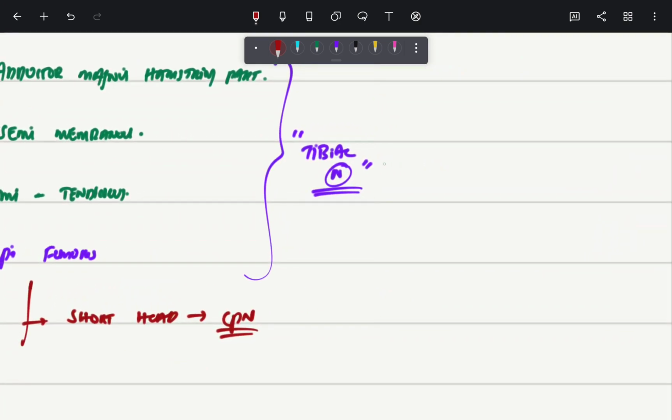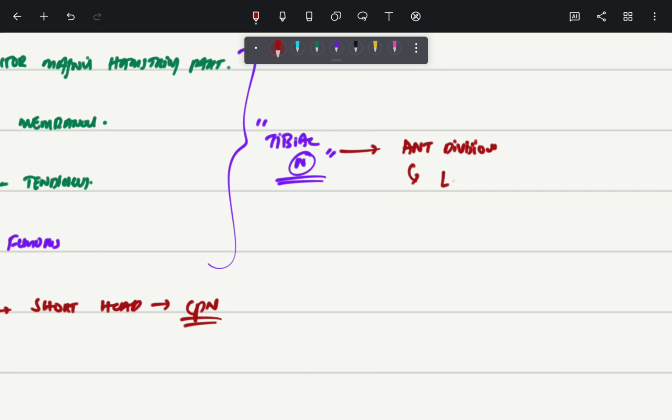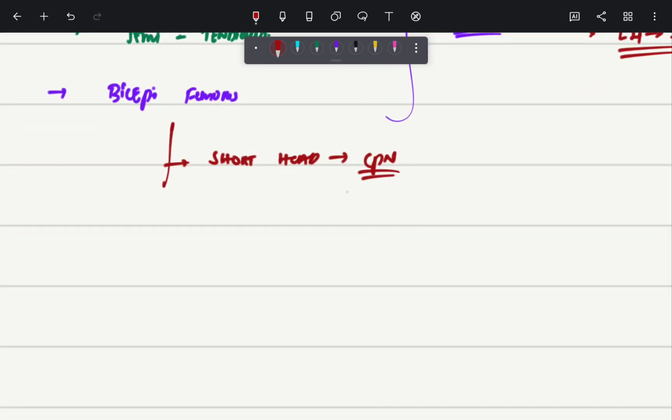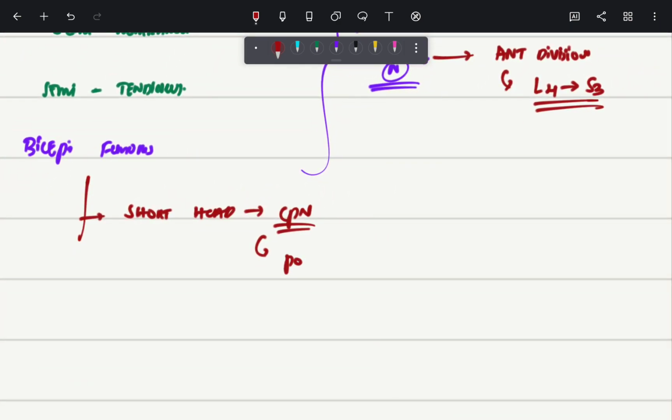The tibial nerve is derived from the anterior division of the lumbar plexus, usually L4 to S3, and finally the common peroneal nerve is from the posterior division of the lumbar plexus, derived from L4 to S2.